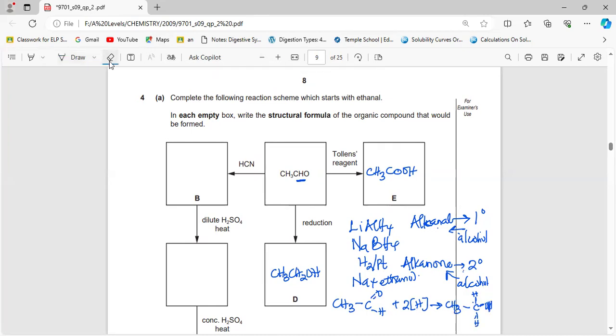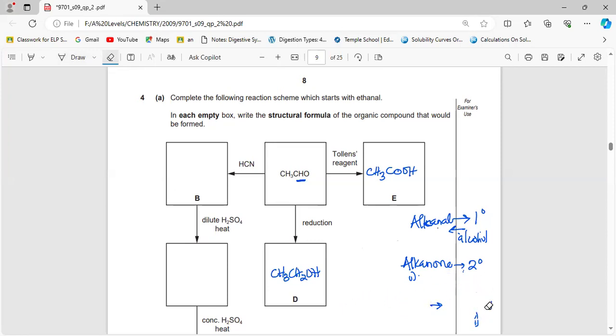So now let's deal with other things. We have found D, we have found E. Now let us quickly look at how we can find others. Let's look at how to find the HCN. Now HCN is hydrogen cyanide. And don't forget, sometimes students confuse it with KCN.